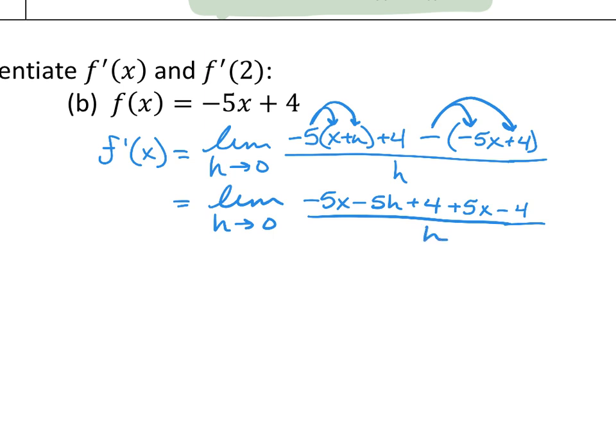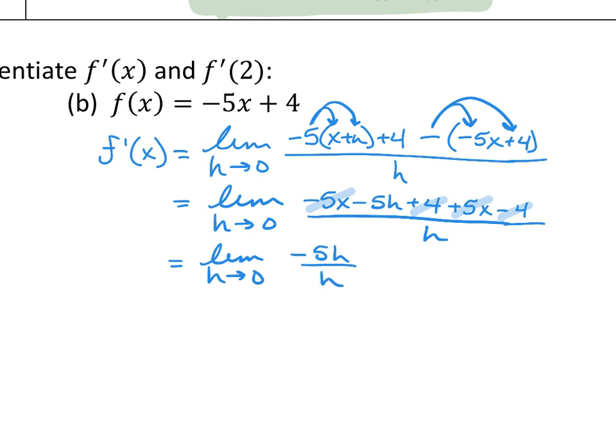Did we follow that distribution? Okay. Once we have all of that, are your spidey senses tingling? What can happen in that numerator? You can cross out 5x and 4. So the 5x and negative 5x cancel out, and then positive 4 and negative 4 cancel out. Good eye. Which means we would have the limit as h approaches 0 of negative 5h over h.